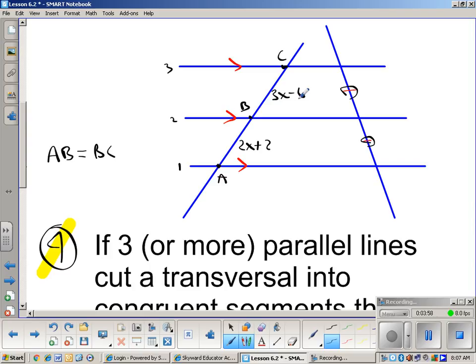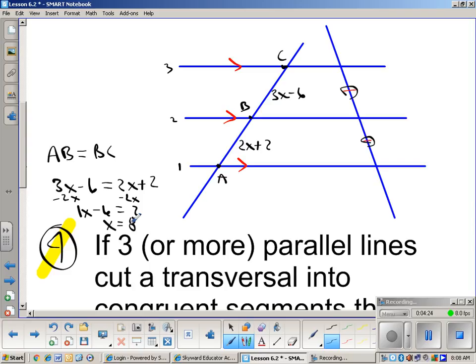Okay, so what do I write? 3x minus 6 equals 2x plus 2. So if I subtract 2x from both sides, I get 1x minus 6 equals 2, and add 6 to both sides, x is equal to 8.